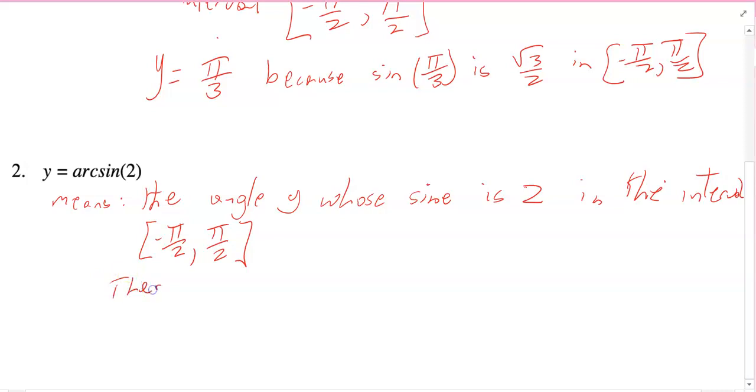There is really no angle whose sine is 2, in any region at all, in the interval.